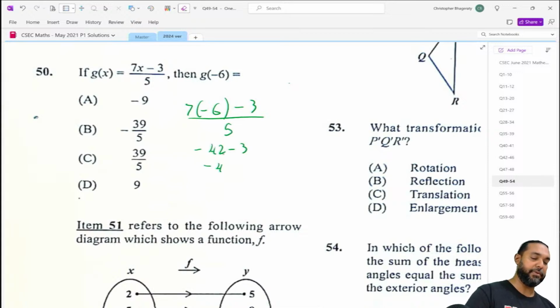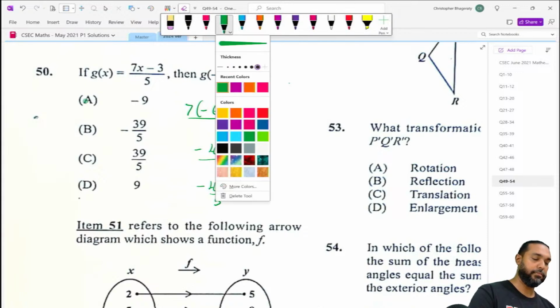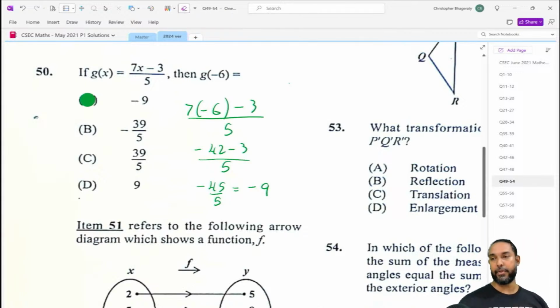Minus 42 minus 3 is minus 45. Minus 45 over 5 is minus 9. Option E. All right, 50 is okay, guys. Not bad. E, yes, that's correct. Jassy, check the working again. Saji, good job.